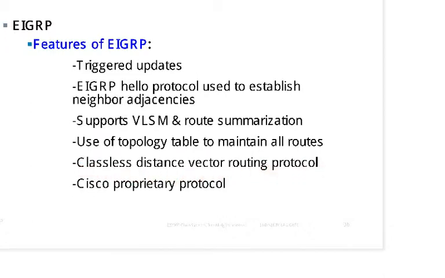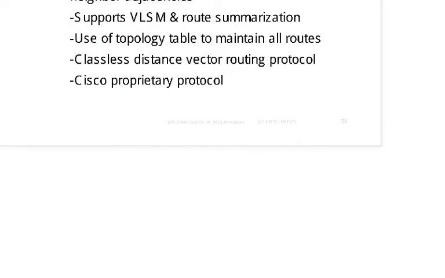EIGRP is a classless distance vector routing protocol, which means that EIGRP sends the subnet mask as part of the route update. And listen carefully to the definition, because the definition is very accurate. Classless distance vector routing protocol means that the route update will contain the subnet mask.